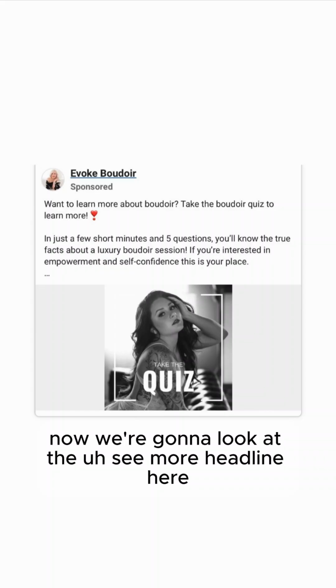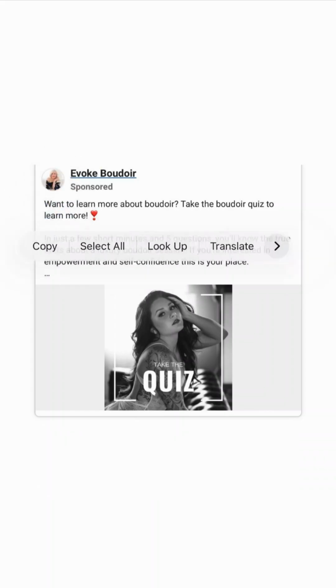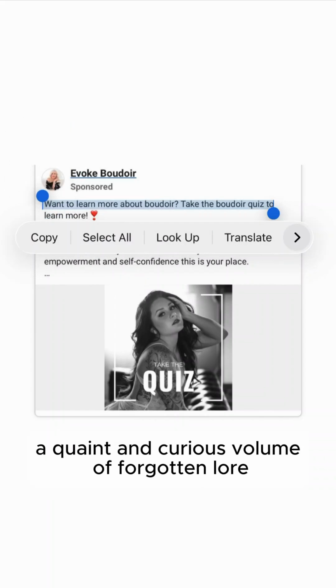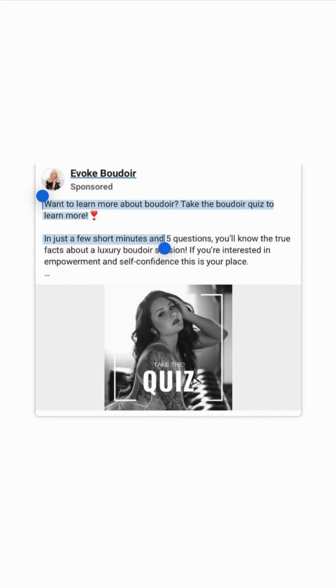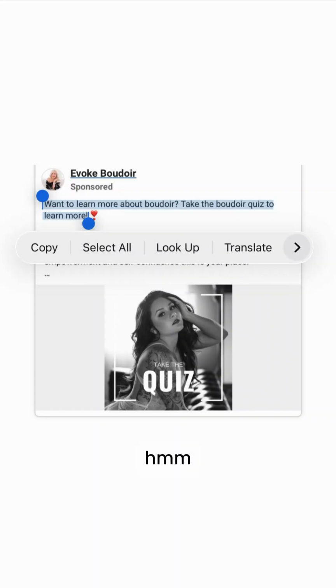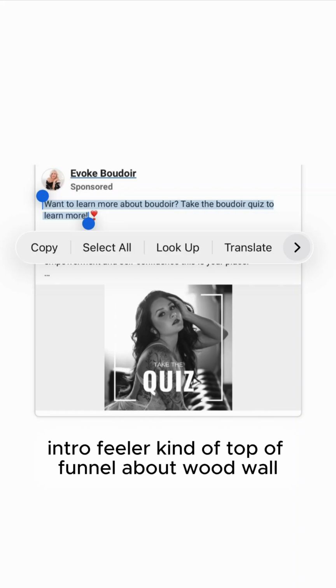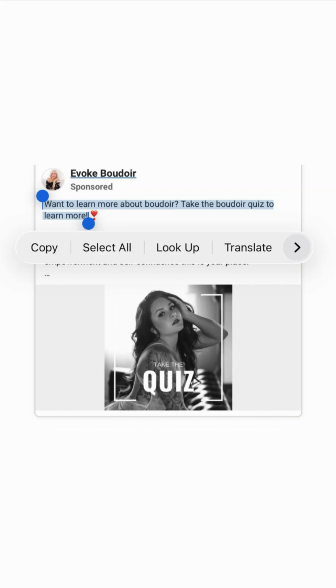Now we're gonna look at the headline here. "Want to learn more about Boudoir? Take the Boudoir quiz to learn more." Now, yeah, lack of context, but it's kind of an intro feeler, kind of top of funnel about Boudoir.